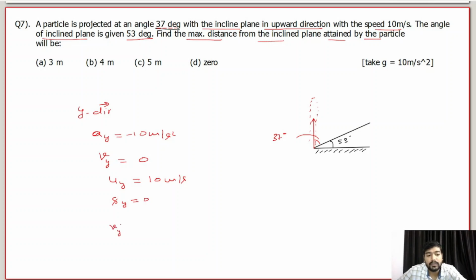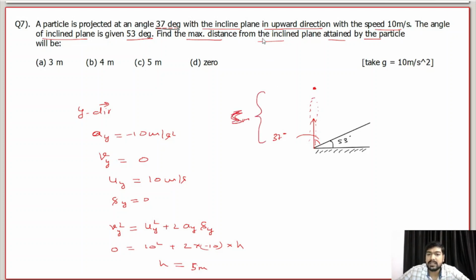That means vy square equals uy square plus 2ay into sy. This is 0. This is 10 square plus 2 into minus 10 into h. This h will come out to be 5 meter. Like somewhere here the particle traveled. This is 5 meter.